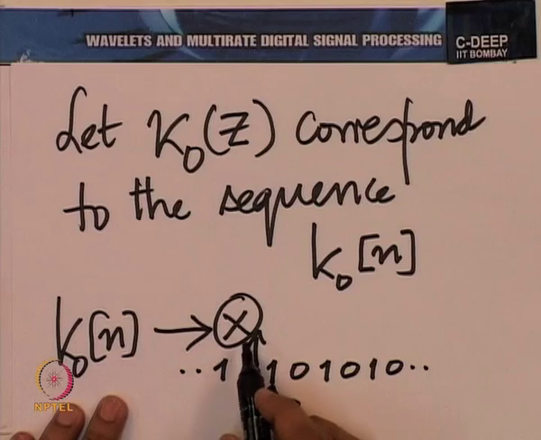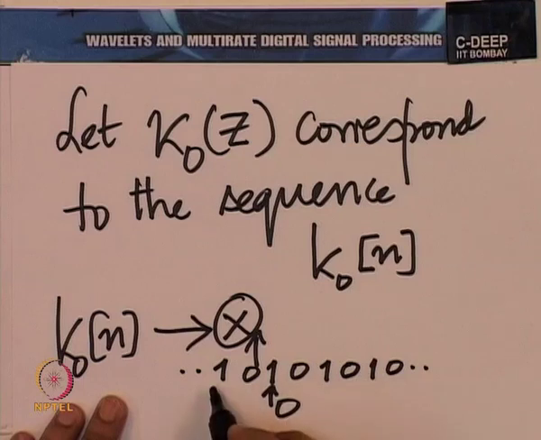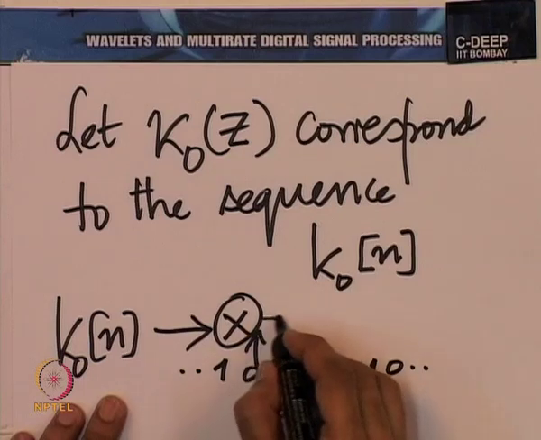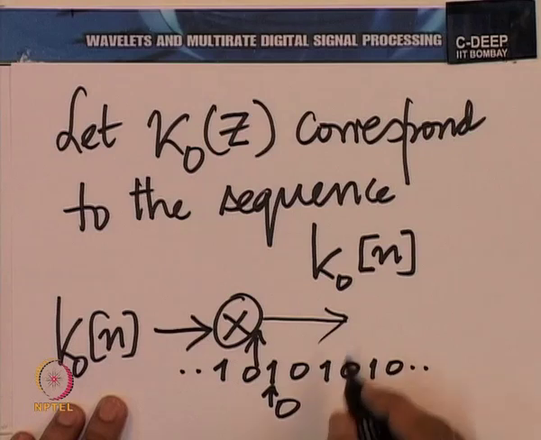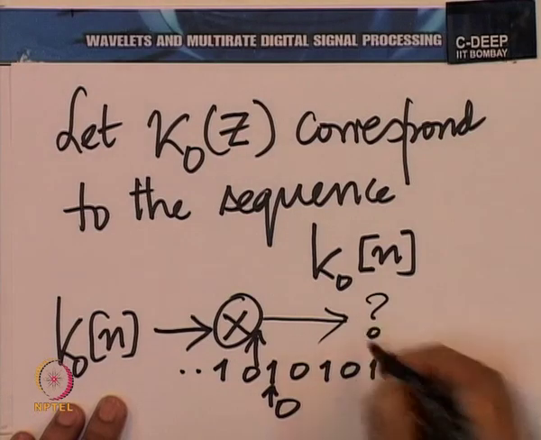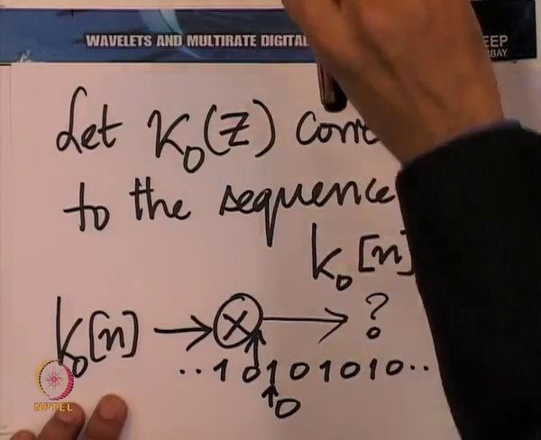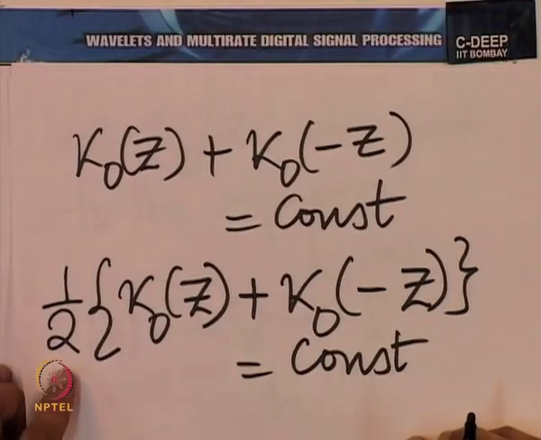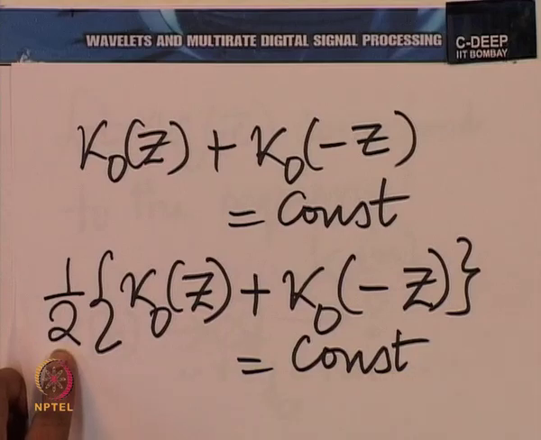We are modulating this k 0 n by a sequence which is 1 at the even locations and 0 at the odd locations. This gives us a sequence corresponding to the inverse z transform of a constant, which is essentially an impulse.